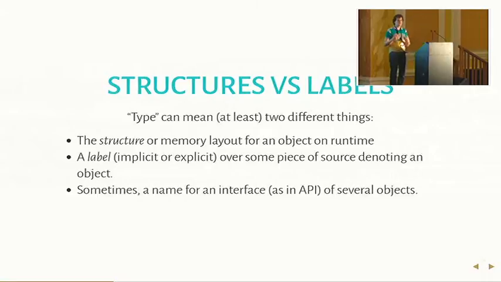But another meaning of types is thinking about labels, some kind of useful information that you can attach to a small piece of source code that denotes an object. It's used in other different meanings, but what we'll be talking about, at least right now, is these labels, these pieces of information, which are not necessarily structural information.